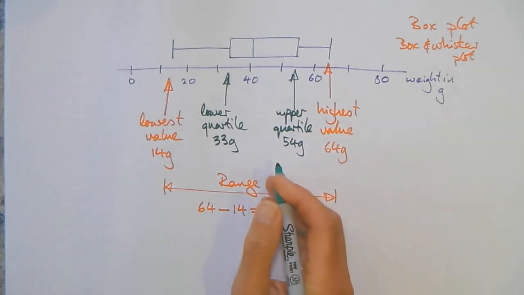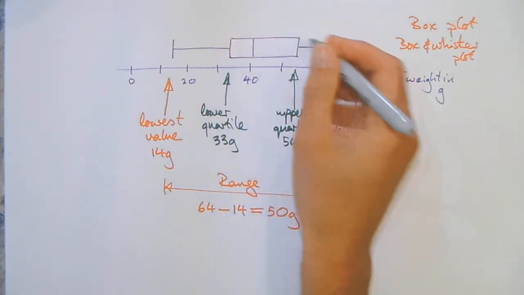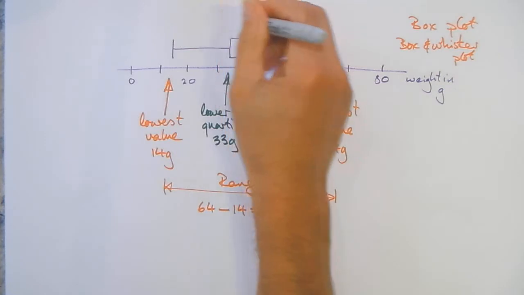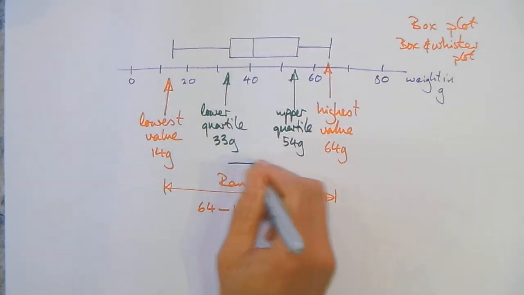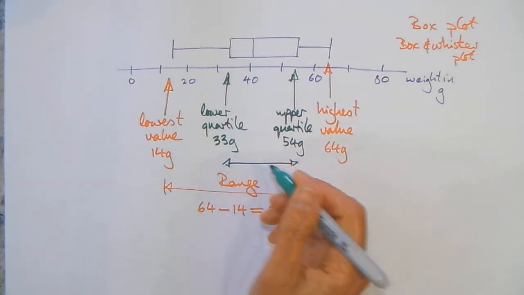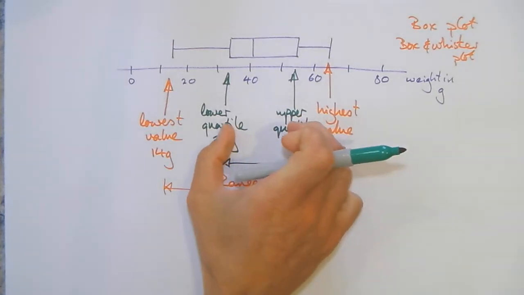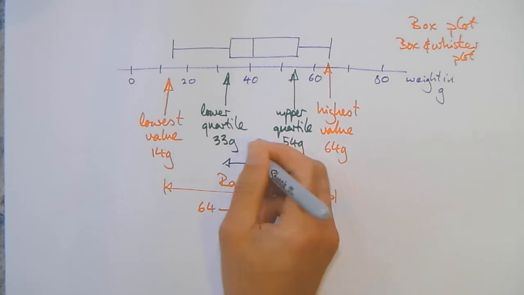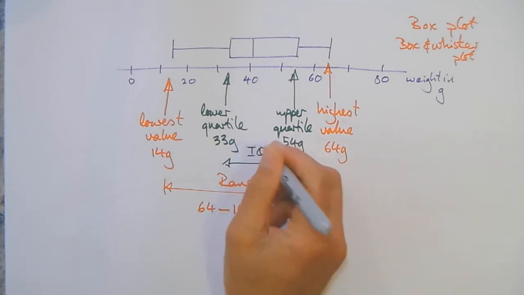Lower quartile, upper quartile. Between them, I'm just going to fit this neatly in here. Between them is another range, but it's between the quartiles. So I'm going to write IQR here.